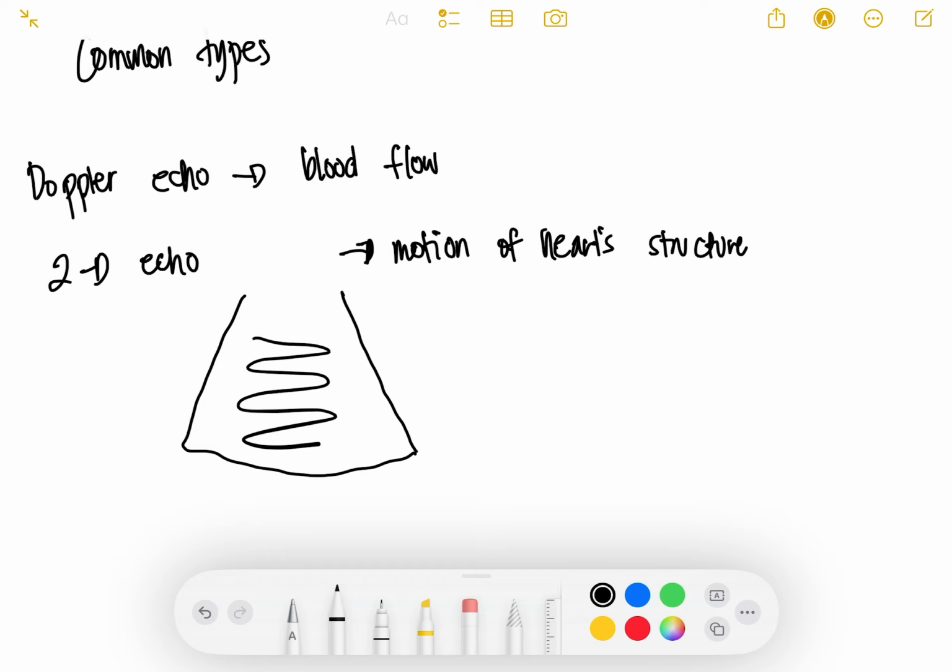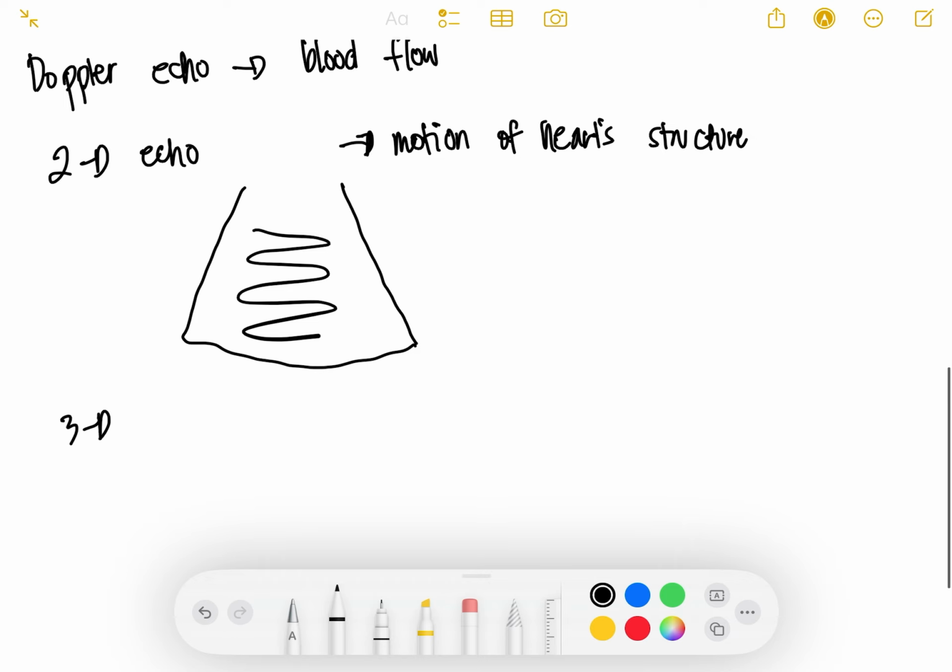And then you have 3D echo. From the term itself, 3-dimensional. So mas detailed. It could produce more detailed images compared to 2D echo. And then, of course, you have the M-mode echo.